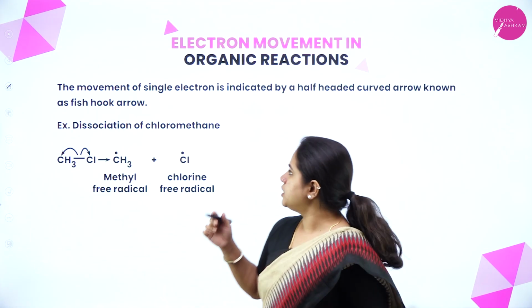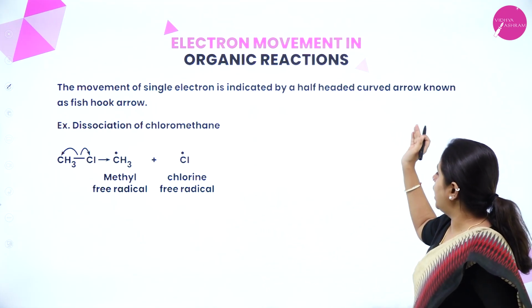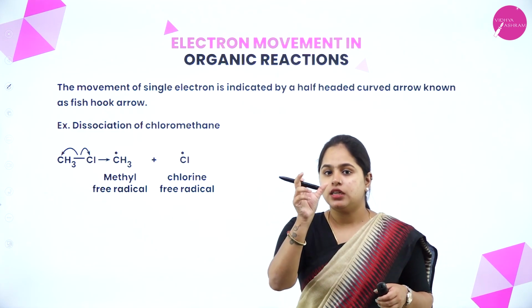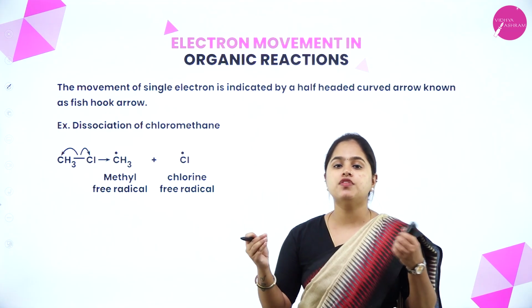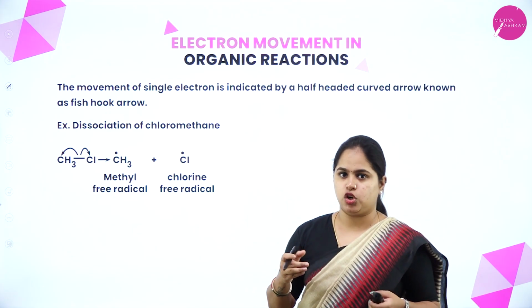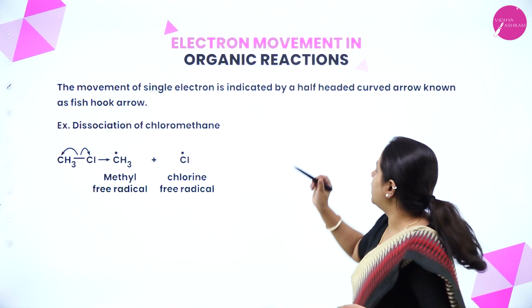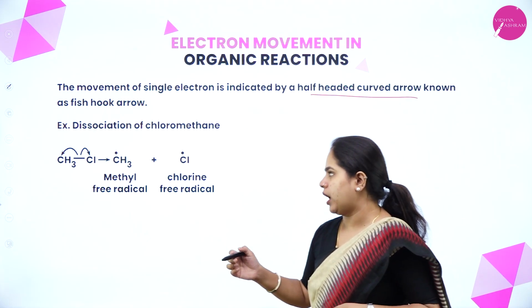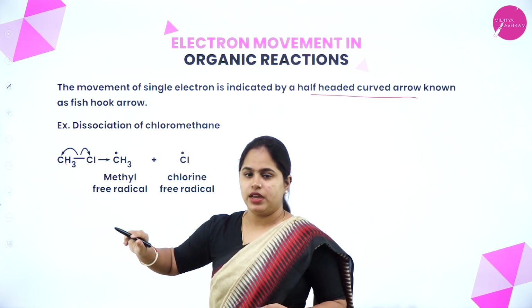Now the movement of a single electron is indicated by a half-headed curved arrow known as a fishhook arrow. In a bond there are 2 electrons. If the bond is breaking and each of the atoms is taking up 1 electron, that is the movement of a single electron, and it will be shown by a half-headed curved arrow known as a fishhook arrow. As you can see in this example, CH3Cl, there is a bond.